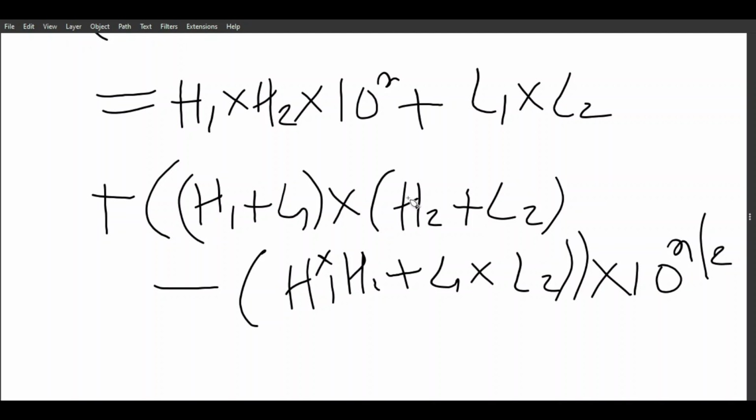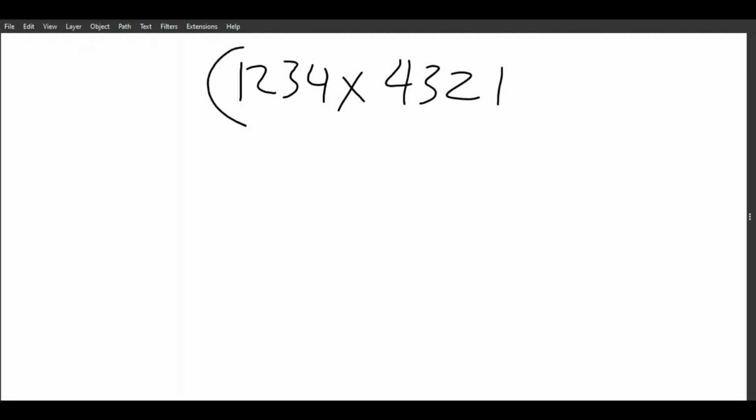So first we will see, using the same example, how to make the divide and conquer graph, and then find the time complexity. So once again we take the same problem and make the divide and conquer graph. The original problem is 1234 multiplied by 4321. Now we have 3 subproblems.